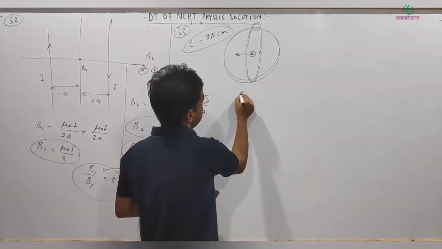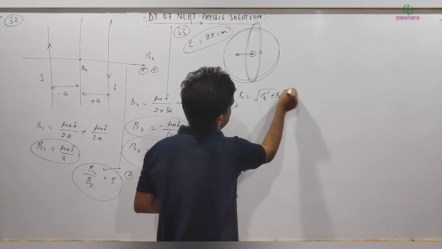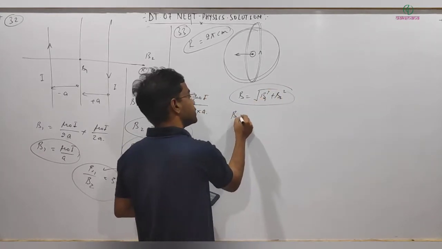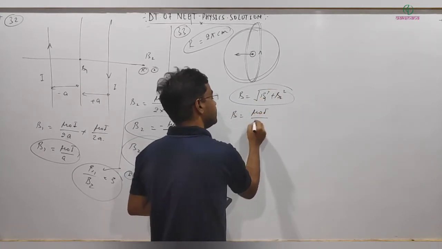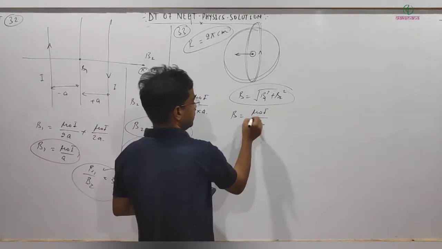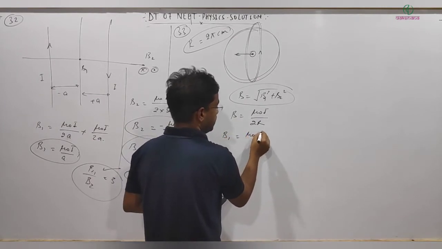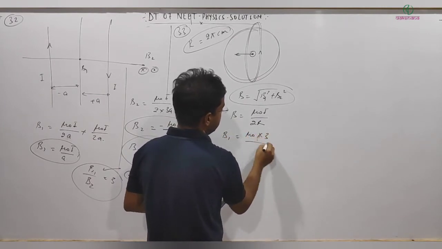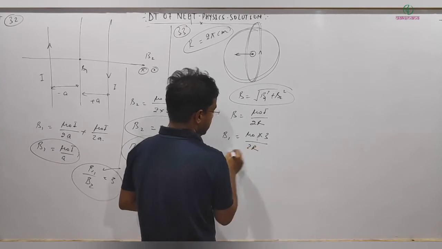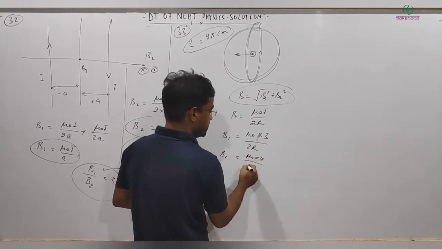So B net will be equal to under root B1 square plus B2 square, and B we know is given by mu naught into I by 2R. B1 can be written as mu naught into I1, that is 3, divided by 2R, and B2 is equal to mu naught into I, that is 4, divided by 2R.